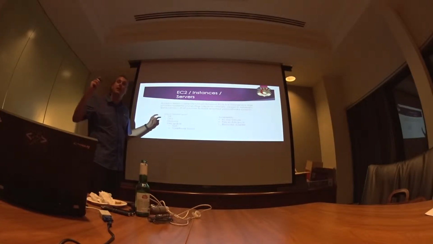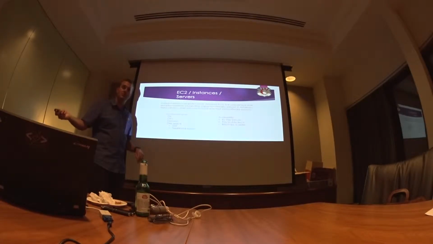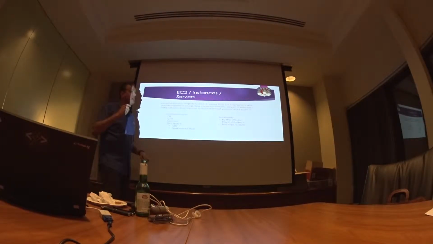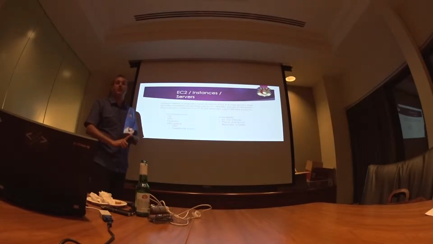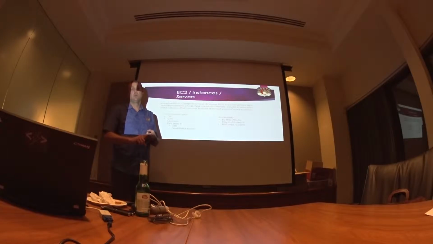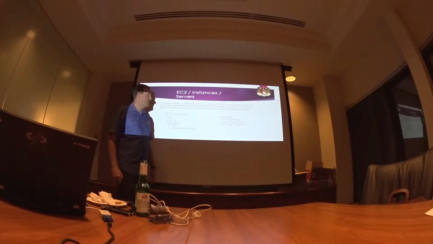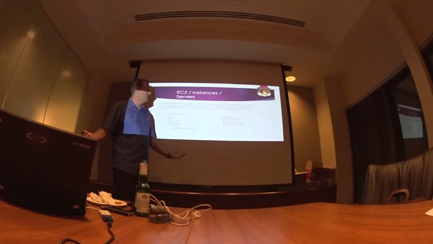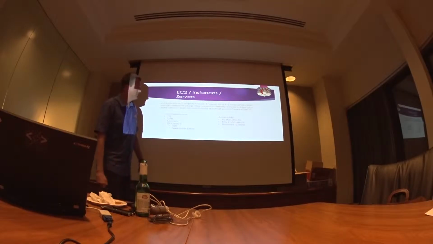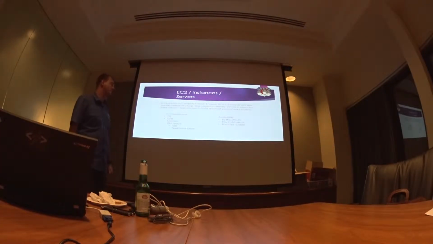An AMI is Amazon Machine Image, and that is either your Windows OS, your Linux system, or whatever software you want to use. Completely separated out, completely different. And of course, you can use different Windows versions, 64-bit, 32-bit, whatever you want to do.